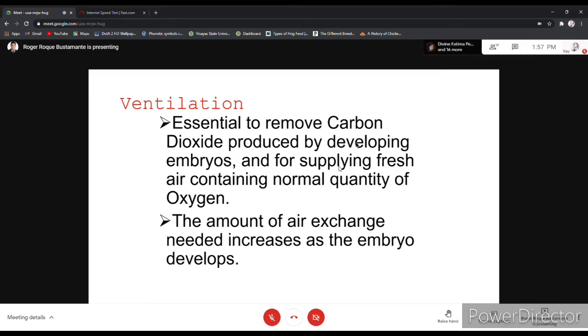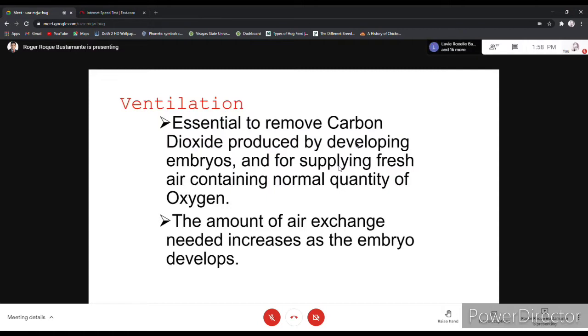So you have to take note that the developing embryo is breathing. So it is essential to remove the carbon dioxide inside the incubator.